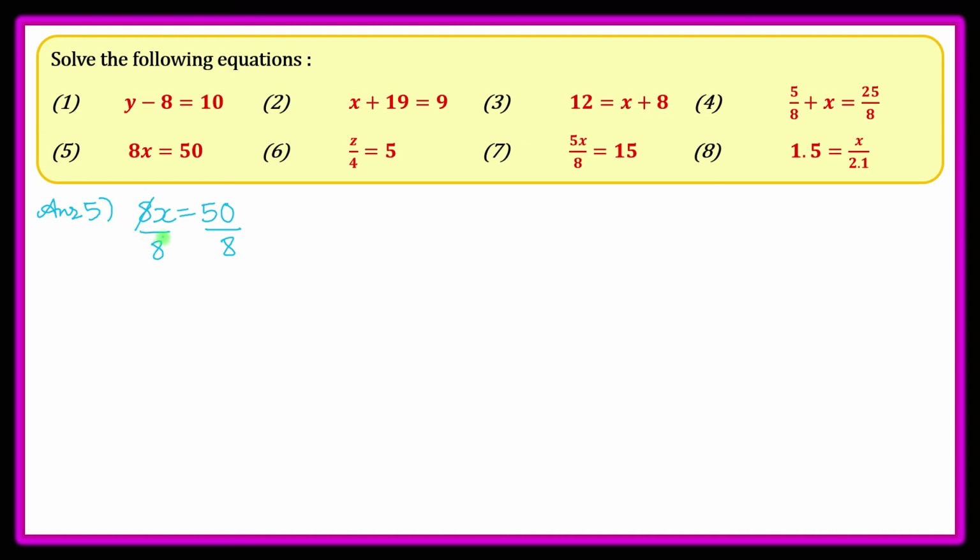Cancelling 8 from both hand sides, we will have x equals 50 upon 8, which is basically 25 upon 4 after simplification and dividing by 2. 50 divided by 2 is 25, 8 divided by 2 is 4. So 25 upon 4 will be the answer.